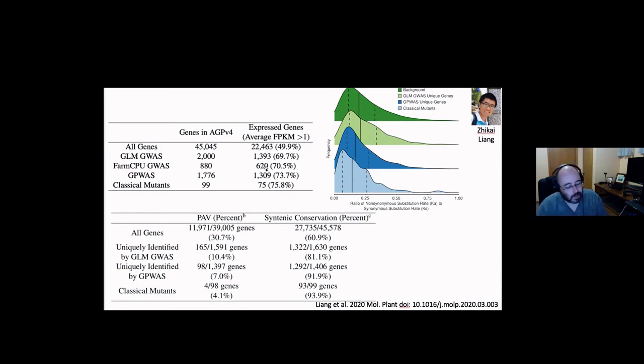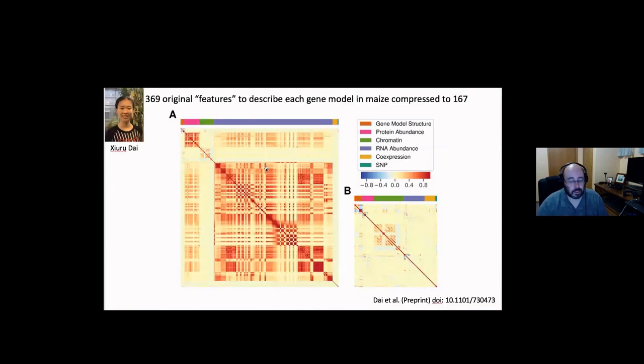But if we see a common signature, both for the classical mutants identified by geneticists over the last century and the genes affecting natural variation in breeding populations, that suggests that it should be possible to train prediction models to distinguish gene models that will have phenotypic effects from the overall set of about 30 to 60,000 genes in the maize genome, depending on who you ask.